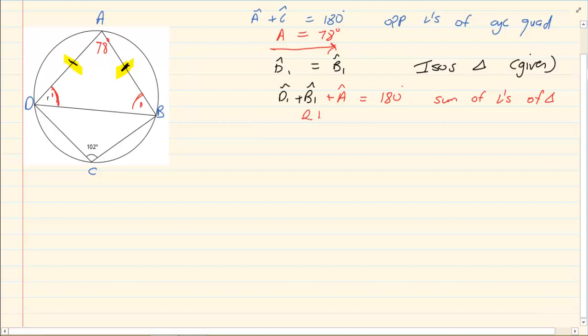So I can say 2D1 is going to equal 180 degrees minus 78 degrees. You've already calculated the value of A. So we have 2D1 is equal to 102 degrees, giving us that D1 is equal to 51 degrees. And D1 is R, so I've got that R is equal to 51 degrees.